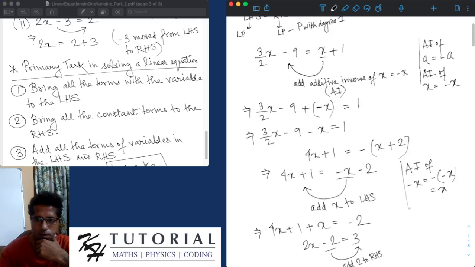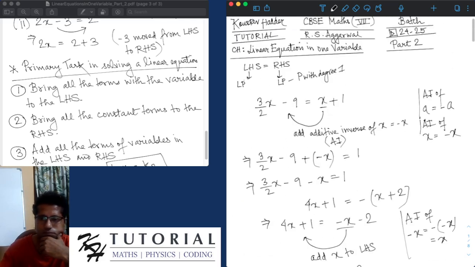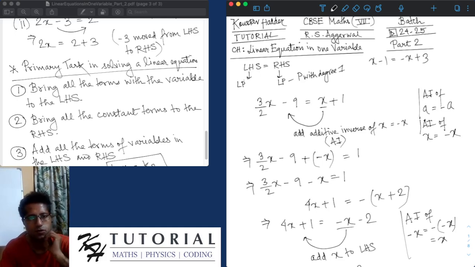Let me give you an example. Let's say we have the equation x minus 1 equals minus x plus 3. I'm just taking a random example. It says bring all the terms with the variable to the LHS. Both LHS and RHS may have terms with variables.